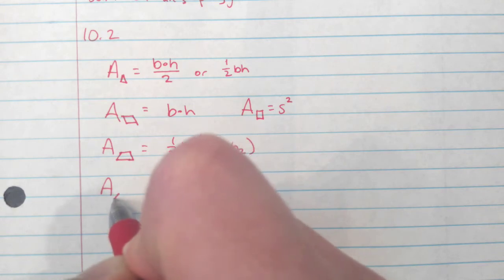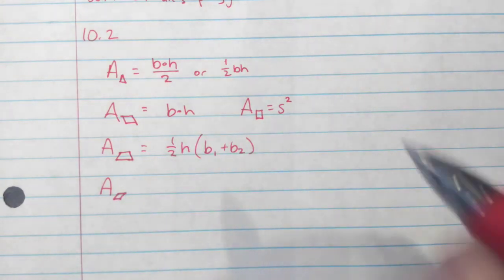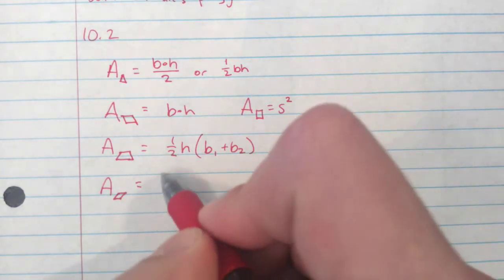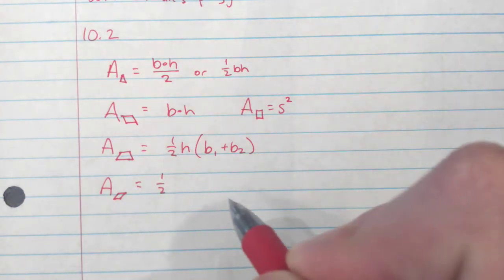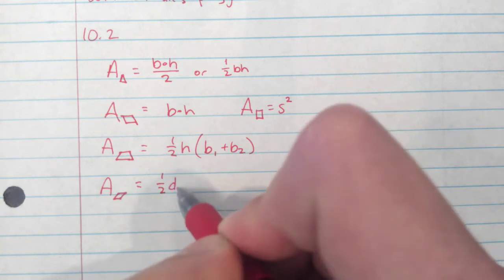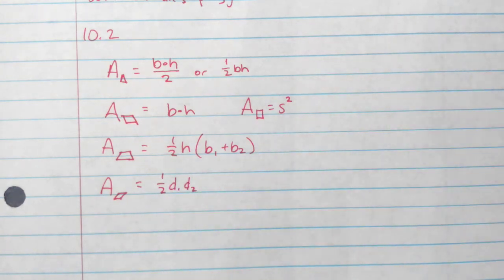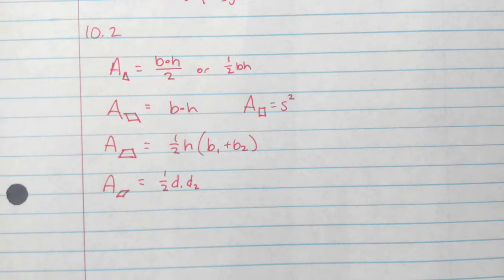So let's see, I'll draw a rhombus looking kite. The area of a rhombus or a kite is 1/2 the 2 diagonals multiplied together. So that, I believe, is all of the types of figures in section 2.